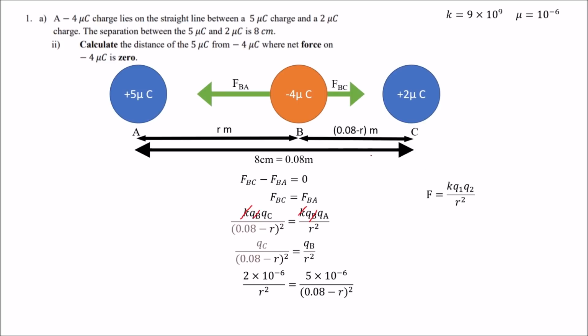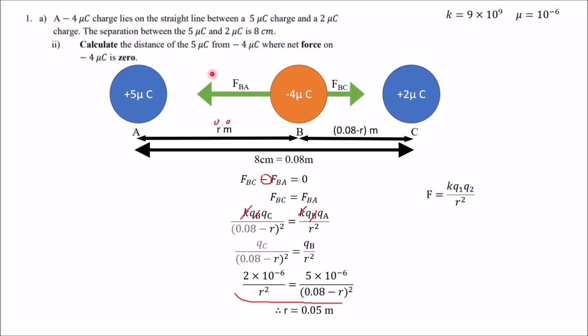Why don't we have to put a sign? Because we indicated the direction at first already. We determine the direction by ourselves instead of letting the sign decide, so it will be clearer for us to do it that way. So by solving this one, you will get the answer r equals 0.05 meter. So here will be 0.05 meter.